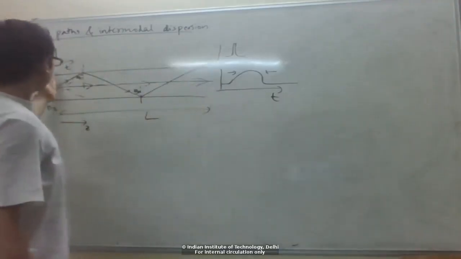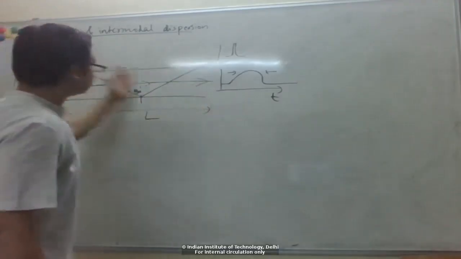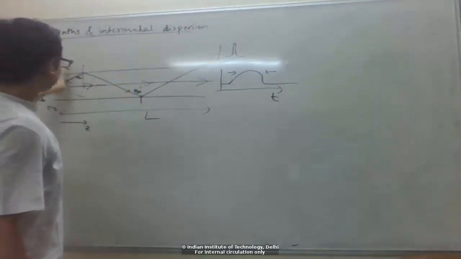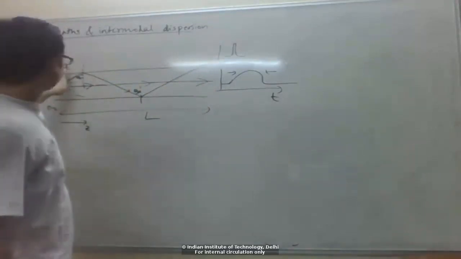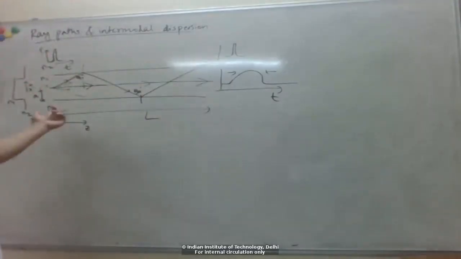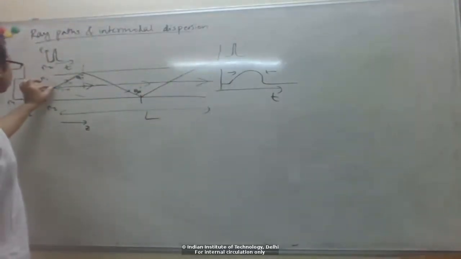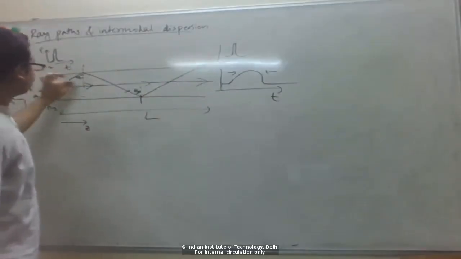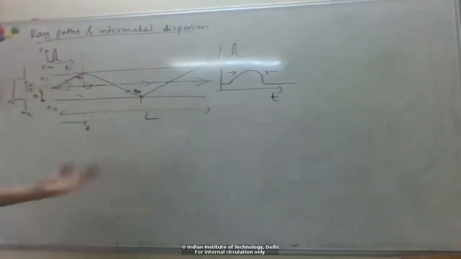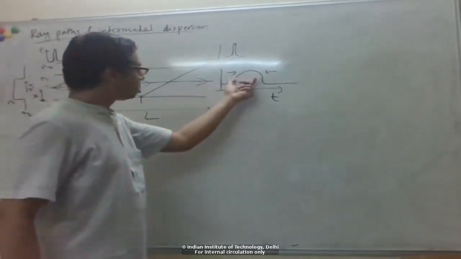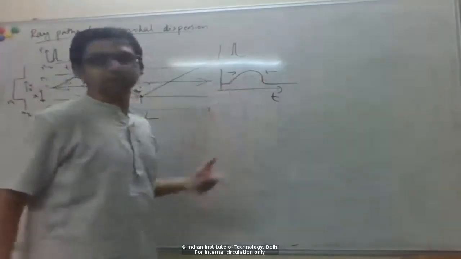In the wave picture, all of them travel a distance L, because a mode is basically a transverse cross section of electric and magnetic field profile which is traveling, but they all have different speeds. In the ray picture, the rays travel at the same speed c over n1, but they cover different distances. Anyway, the net effect is what is known as pulse broadening or temporal dispersion.